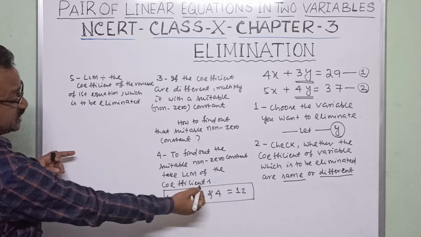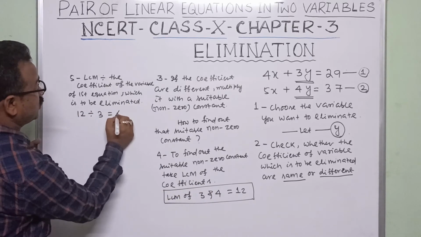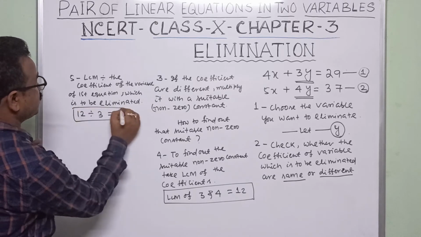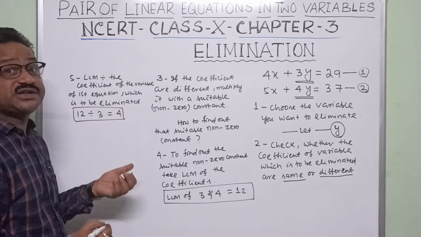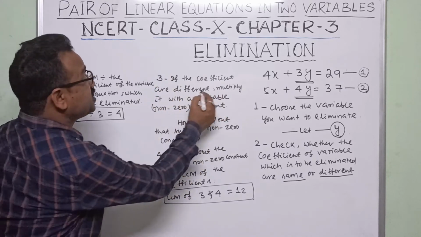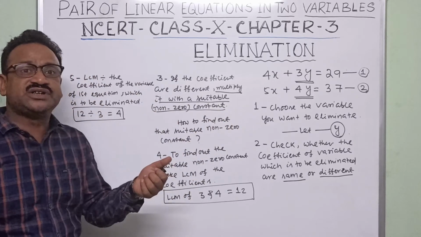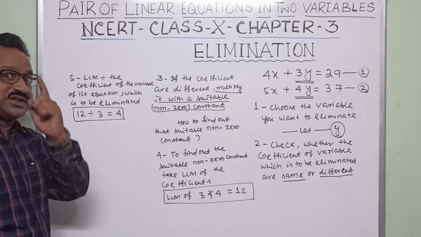So now here 12 divided by 3 is equal to 4. So in equation 1 we will multiply by 4, that non-zero constant. That non-zero constant is 4 for equation 1.